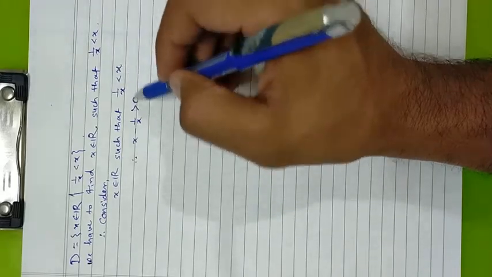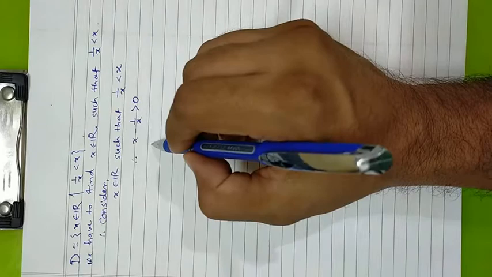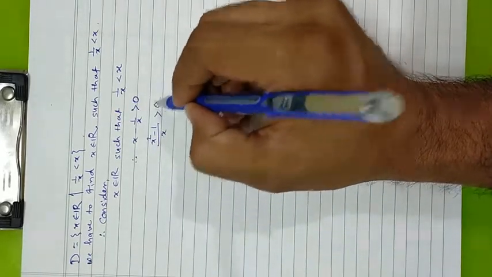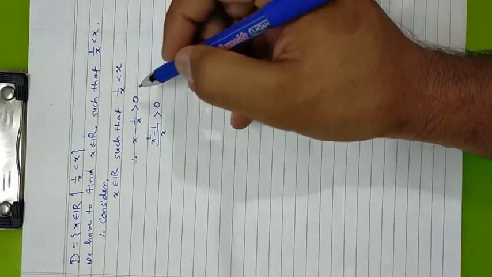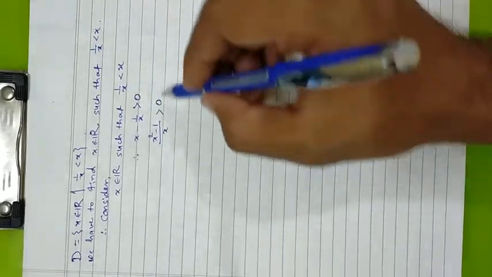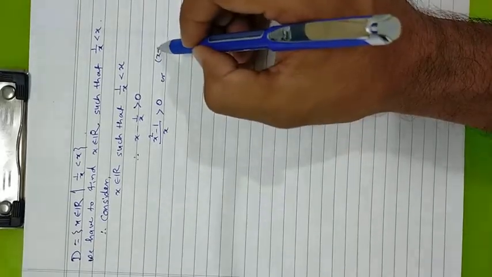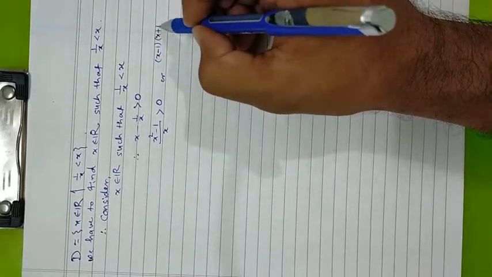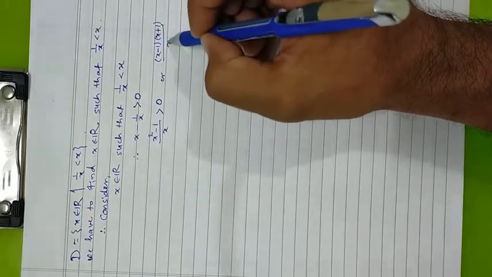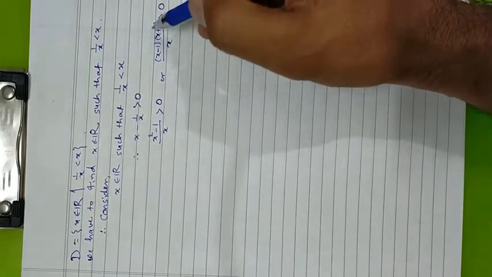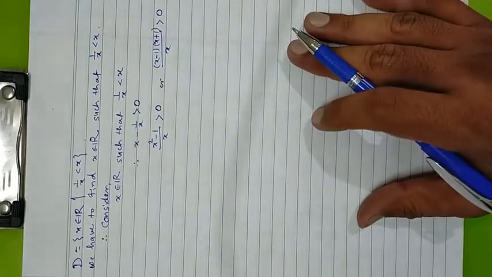X minus 1 by x is greater than 0. Simplify this thing. So I can write it as x square minus 1 upon x is positive, or I can write it with the factors in the numerator, x minus 1, x plus 1 upon x is positive. Now it is a ratio of two quantities, right?